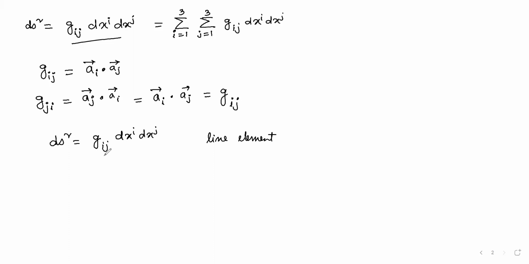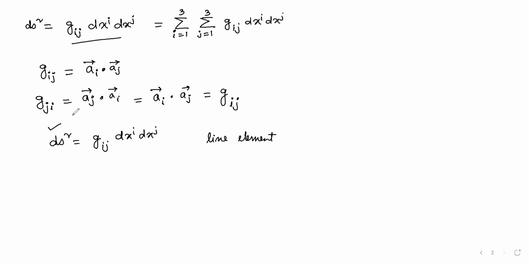Okay, this gij actually turns out to be a tensor of rank 2, and we call this tensor the metric tensor. And how do we know it is a tensor? Here, look at this expression, the left hand side, ds square, it is a scalar.